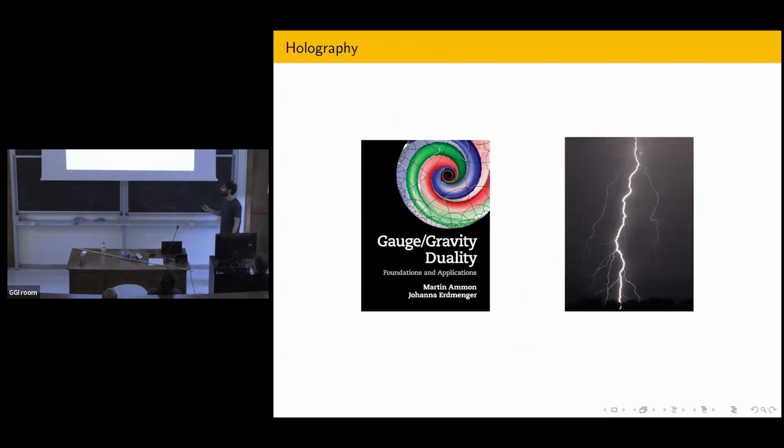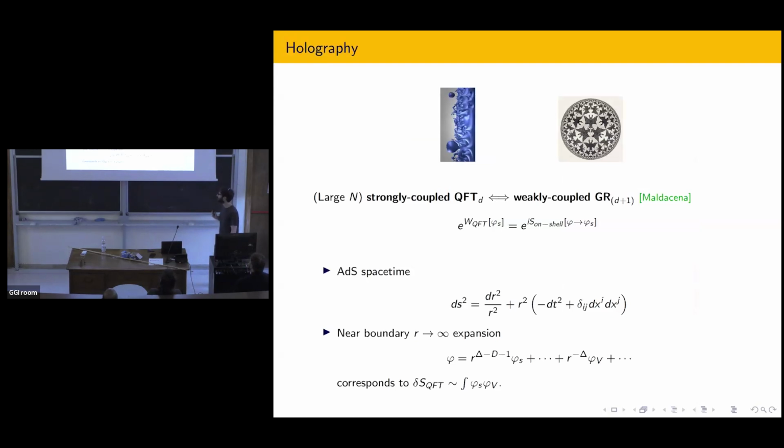Okay, so I now have a lightning introduction to holography, but I will be very quick because I think that most of you are familiar with that. Holography is basically a duality between some large N strongly coupled quantum field theory and some weakly coupled gravitational theory. And the generating functional of the QFT is identified in certain limits with the on-shell bulk action.